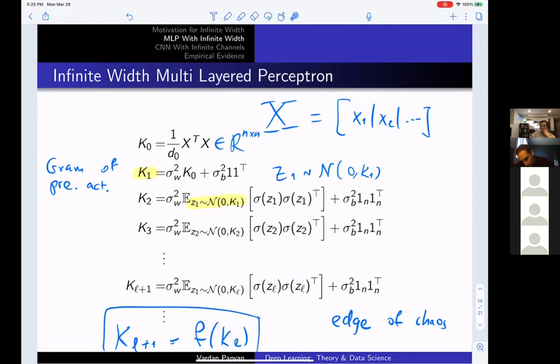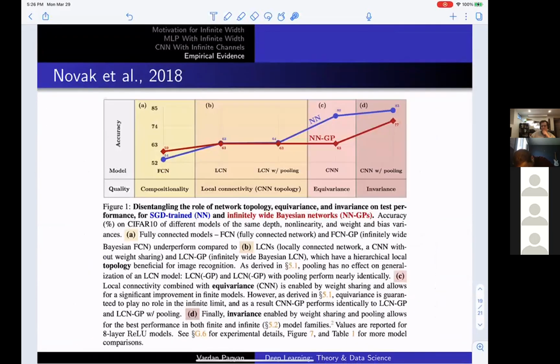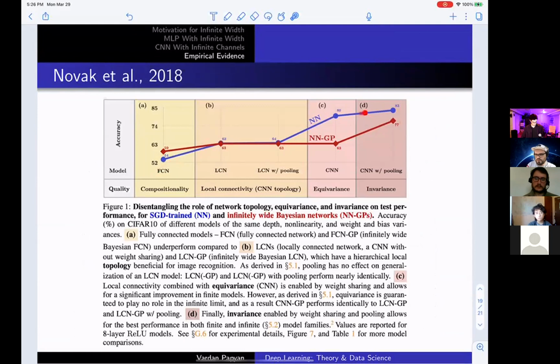You just get these kernel matrices, and you use them to do the predictions. So it means there's no training whatsoever. It's just calculations of some integrals. Whereas in the case of the real networks in blue, there's actually training with SGD, right?